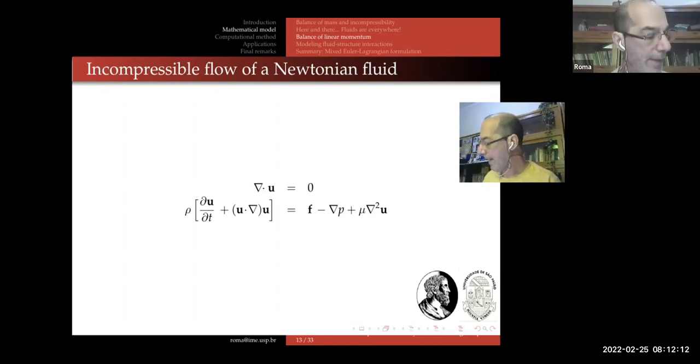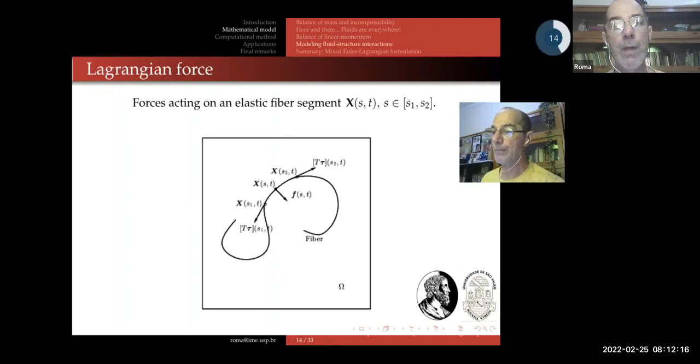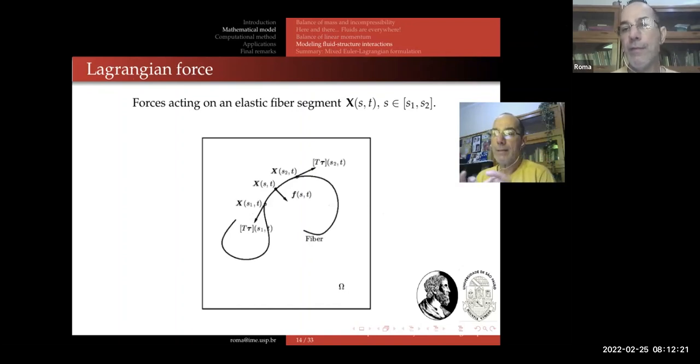Let's start thinking of a segment, an elastic fiber immersed in fluid, okay? So the elastic fiber is this more or less S-shaped curve here. It's just one-dimensional.